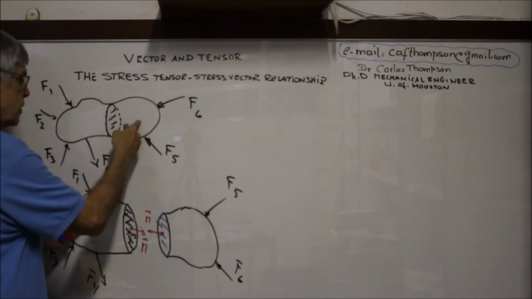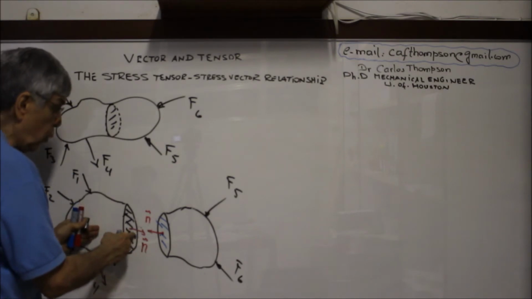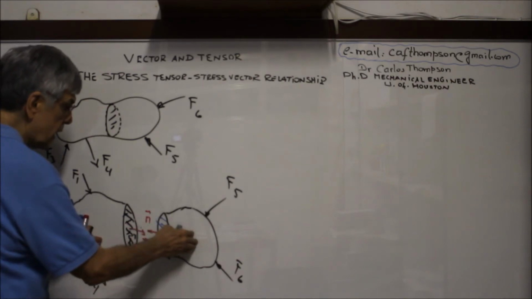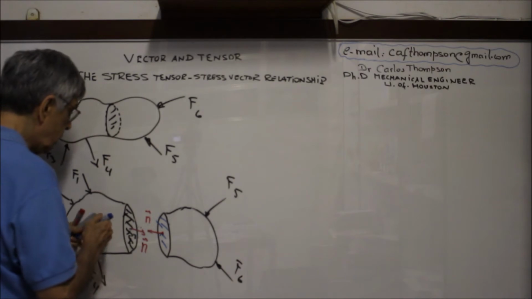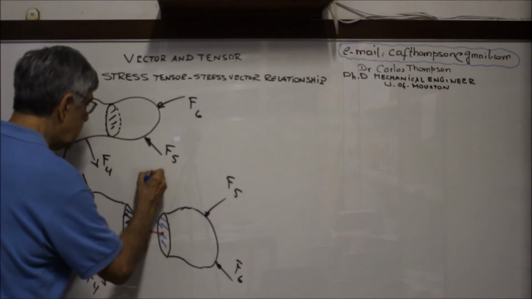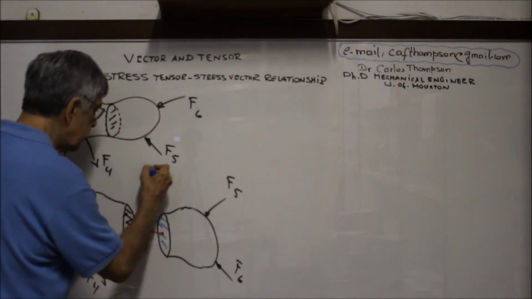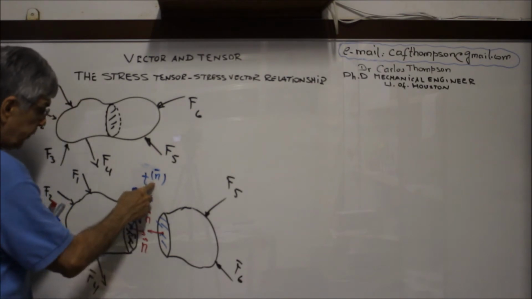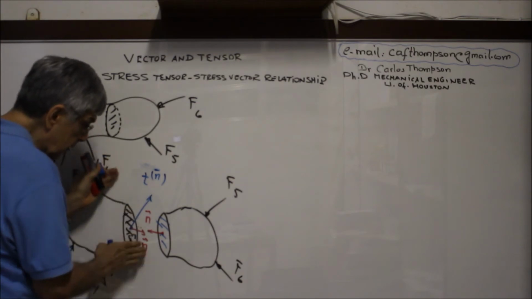If I cut, it appears here the influence of the right body, the right cut over here, that's what we call the stress vector. It's called T, influenced by n. Let's put an arrow here. You see, this stress vector appeared here because I analyzed the cut.